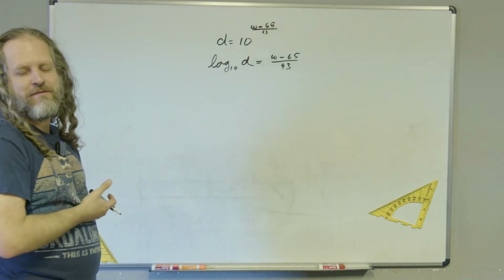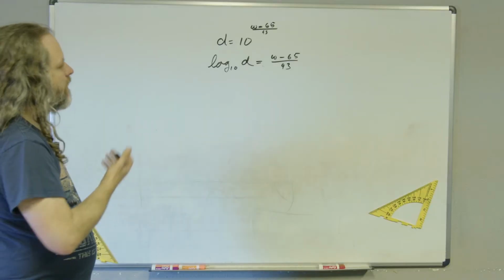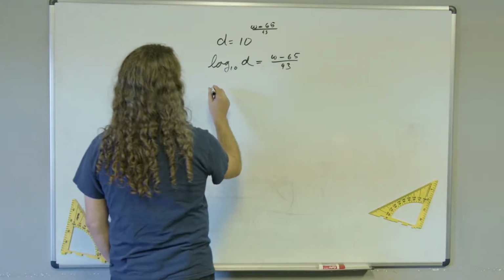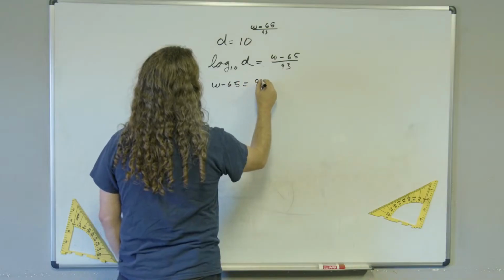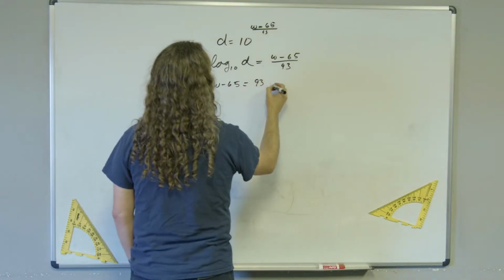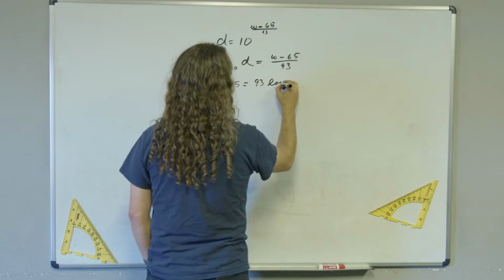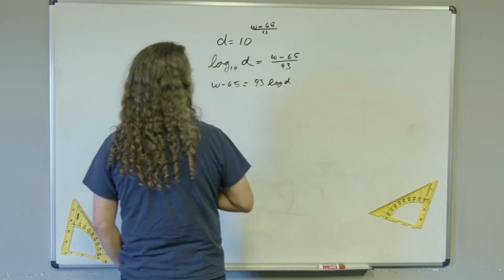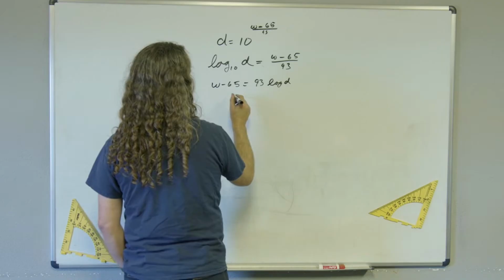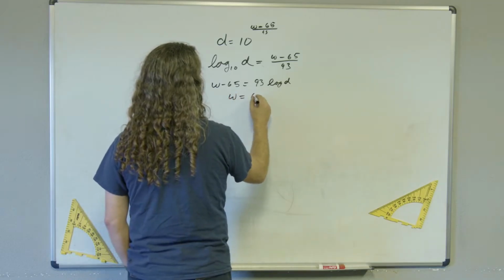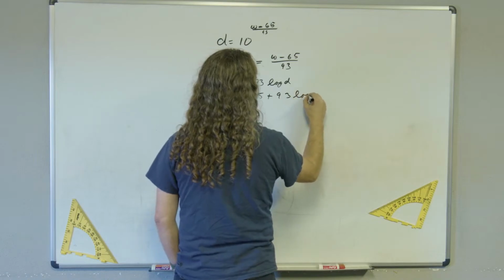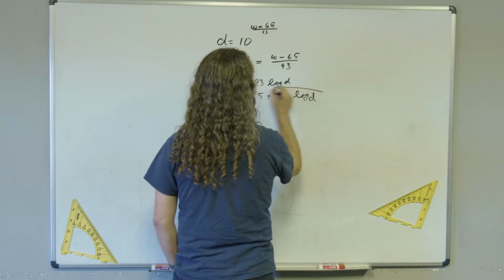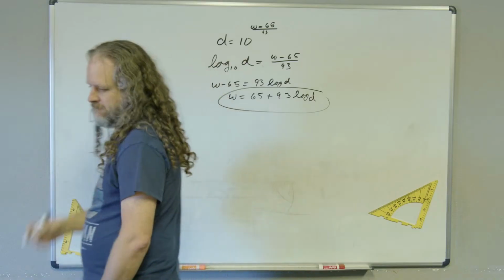So how do we get W by itself now? Multiply by 93. So we've got W minus 65 equals 93 log of D. Add 65, so W equals 65 plus 93 log of D. Does it matter if we put the log in front of the 65?